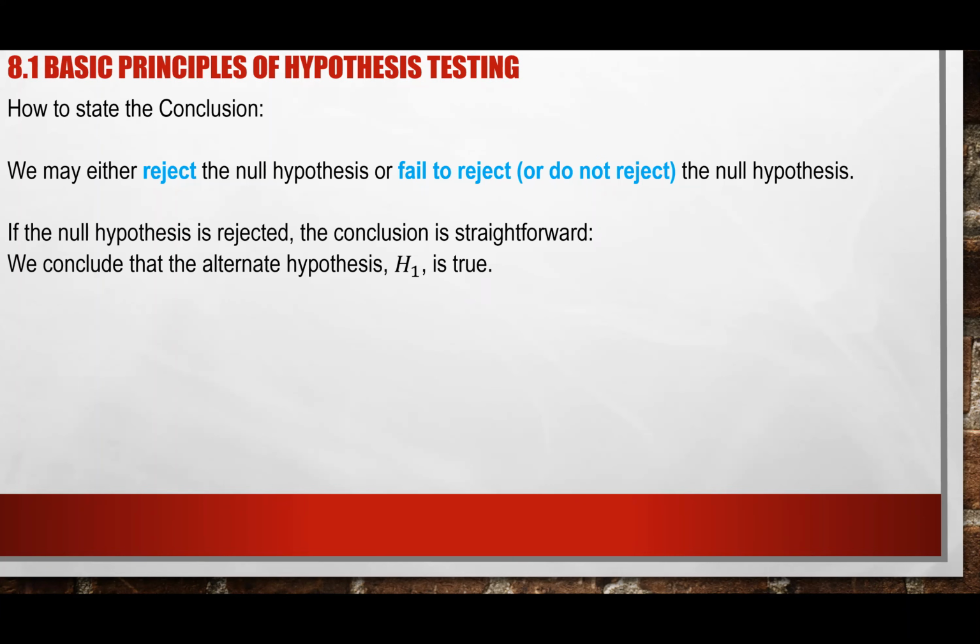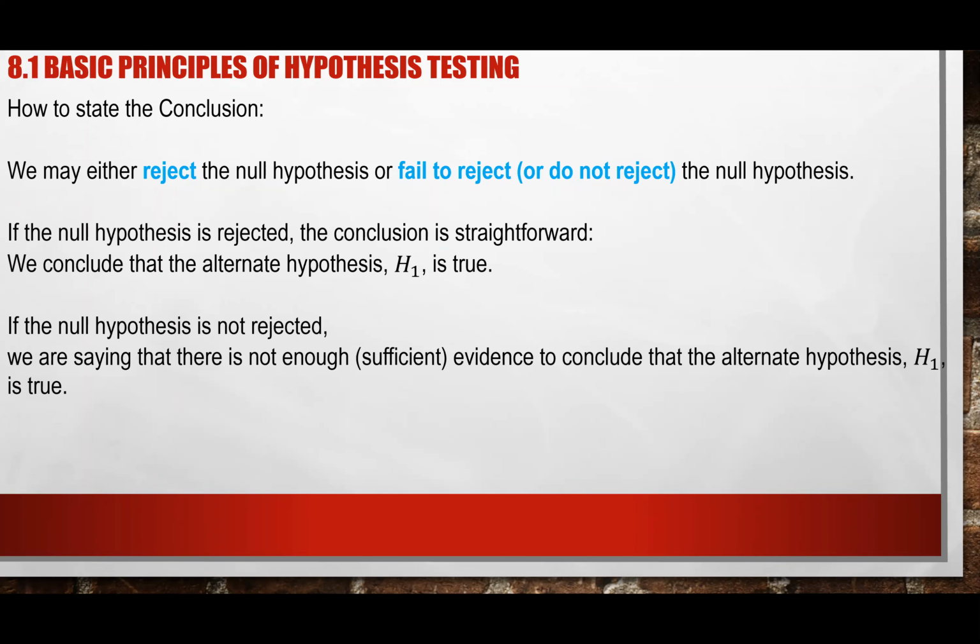So that's the first outcome: we reject the null hypothesis. The second outcome is we do not reject the null hypothesis, or we fail to reject the null hypothesis. And if you fail to reject the null hypothesis, all you're going to say is, we don't have enough evidence to support the claim right now. We will never accept the null hypothesis.